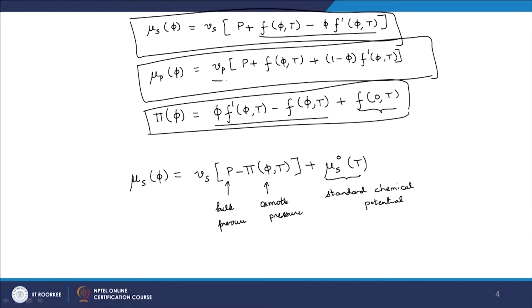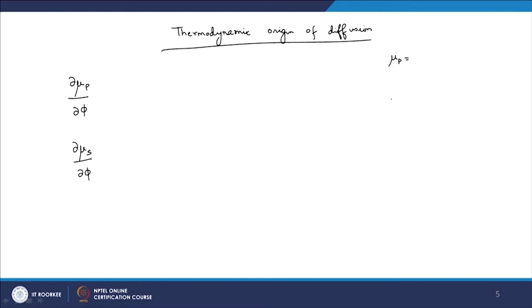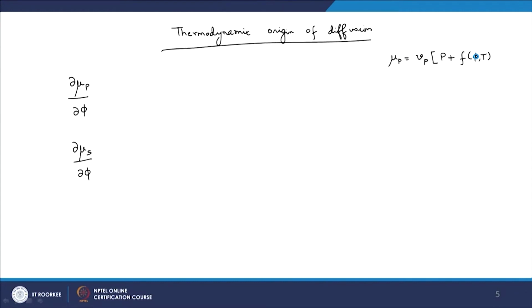So, we already have obtained the expression for mu p right here. I want to take a derivative of that with respect to phi. So, let me first reproduce it here. mu p is equal to V p multiplied by p plus f of phi, t, plus 1 minus phi times f prime of phi, t.